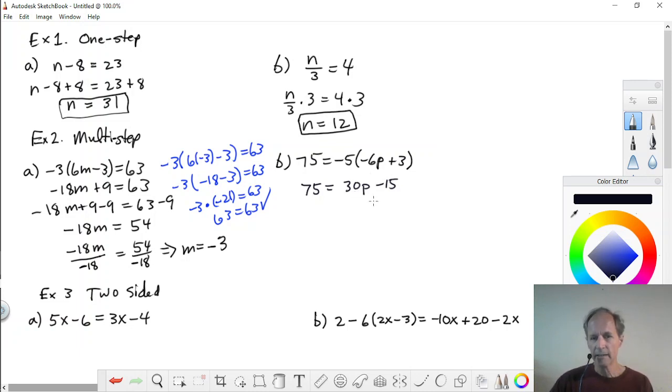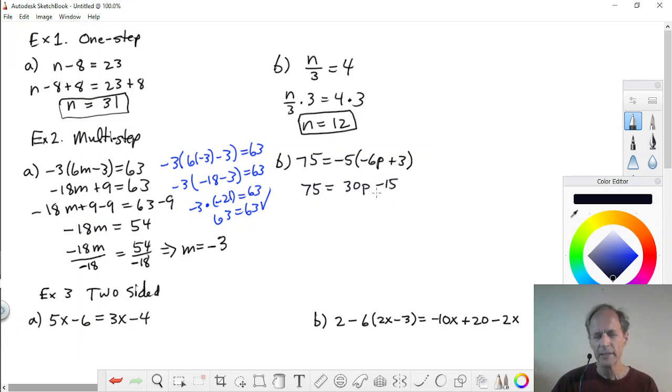In this kind, you don't try to get rid of the p first, because you would have to divide both sides by it. You can't just divide 30p by p. You would have to divide 30p minus 15, that entire thing, by p, and that gets pretty messy.